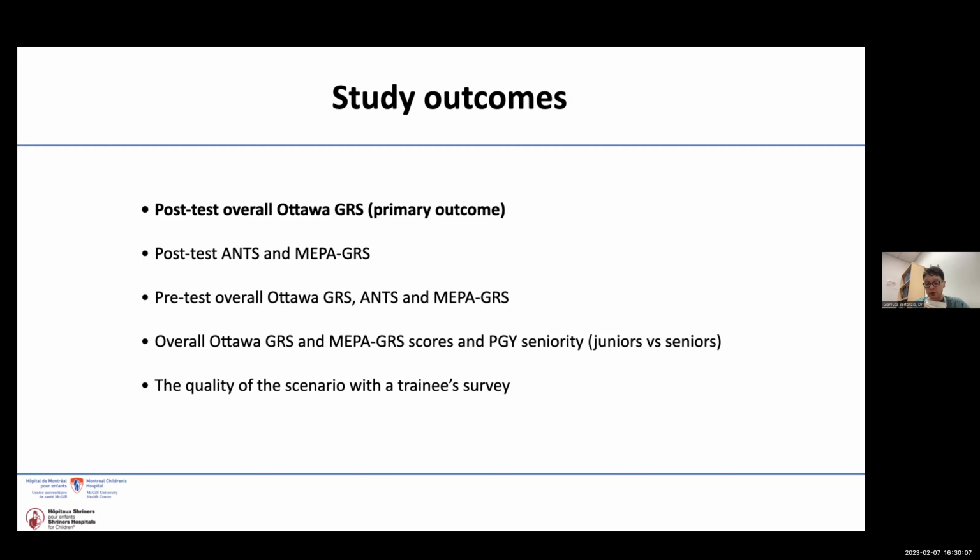And then we can also evaluate these scales by PGY seniority, juniors versus seniors, let's say the first 3 years versus the 4th and 5th year. And in order, those outcomes are to evaluate whether the VR is as effective as the high fidelity simulation.